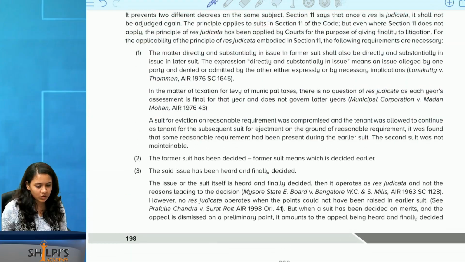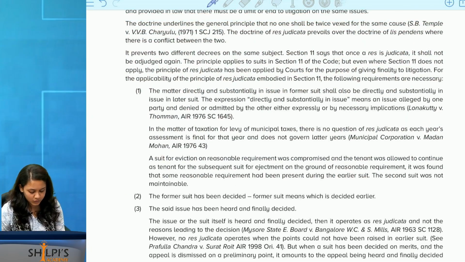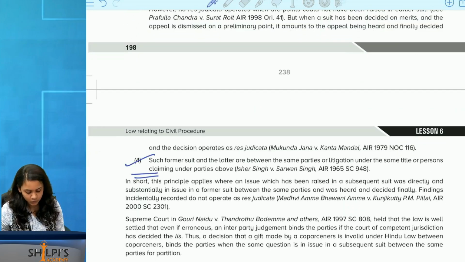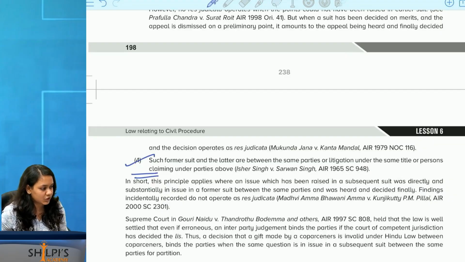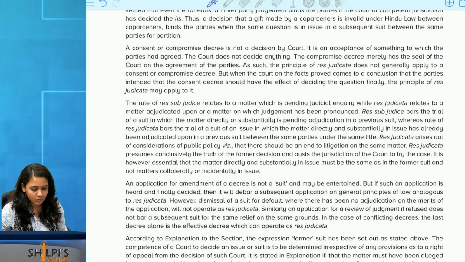That is all of the essential requirements. The following requirements are necessary. Point 1, 2, 3, 4. After that, we will go into it as a variation under res judicata. Each one is slightly important, but we will discuss it later on.